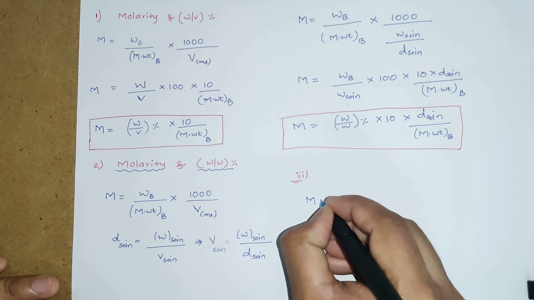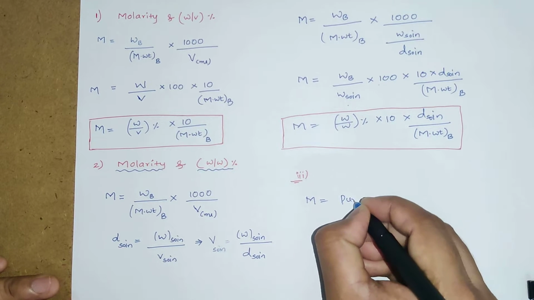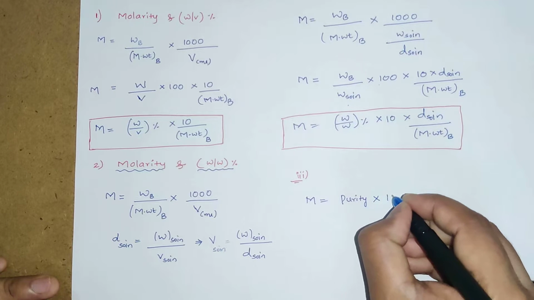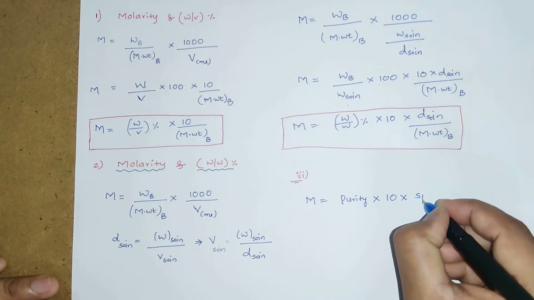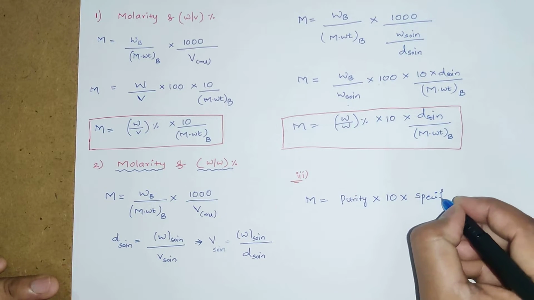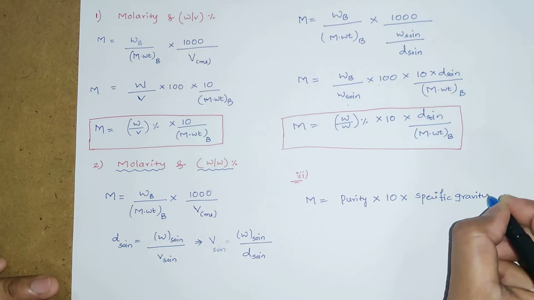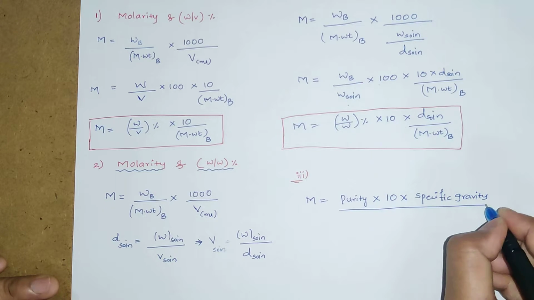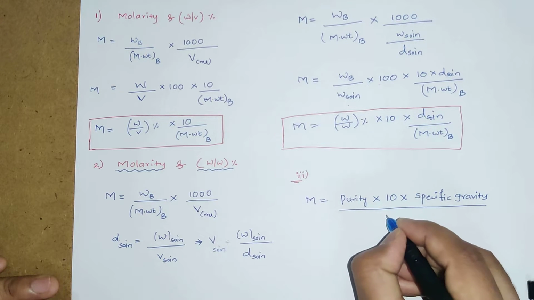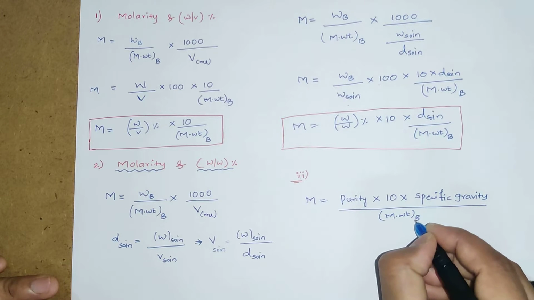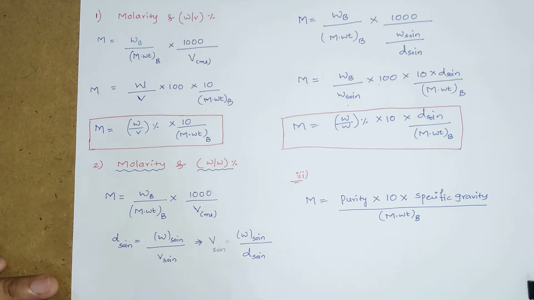Molarity is equal to purity, that is mentioned in the bottle, purity into 10 into specific gravity divided by molecular weight of solute. This is another important relation for determination of the molarity.